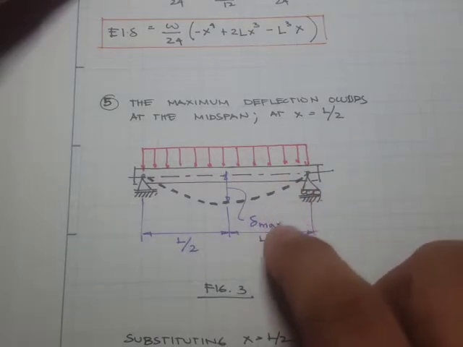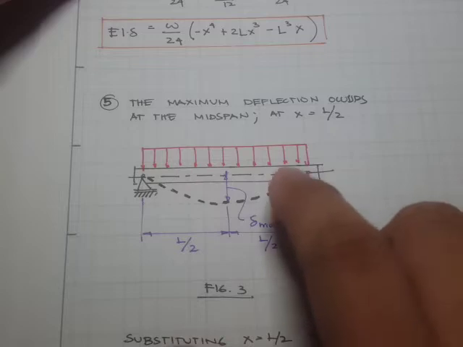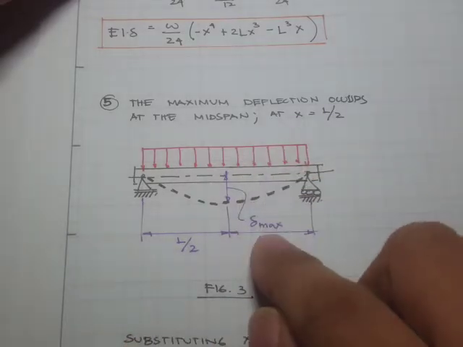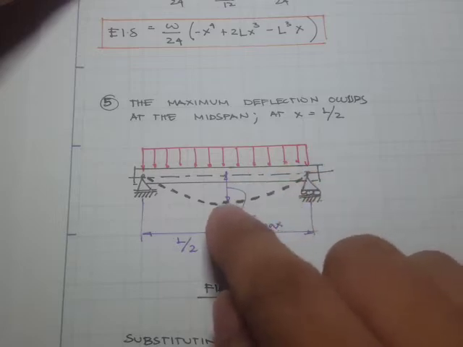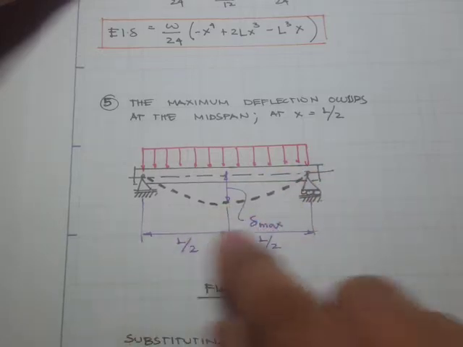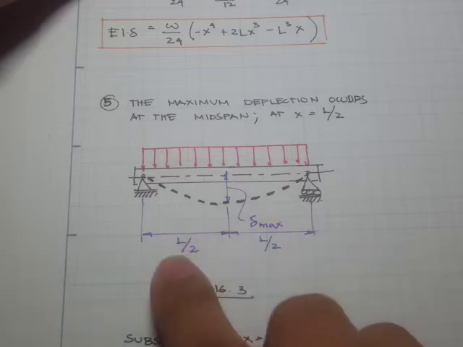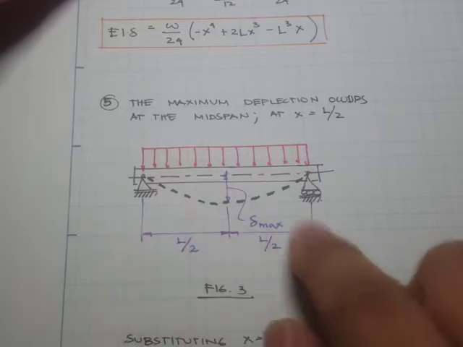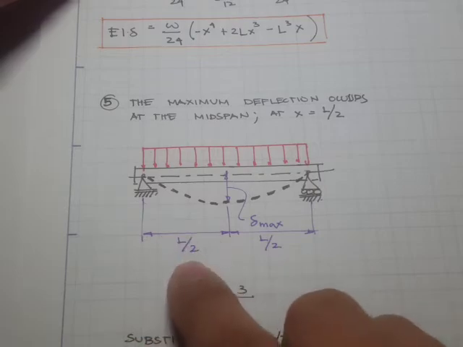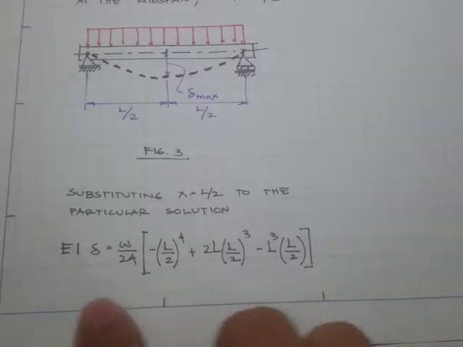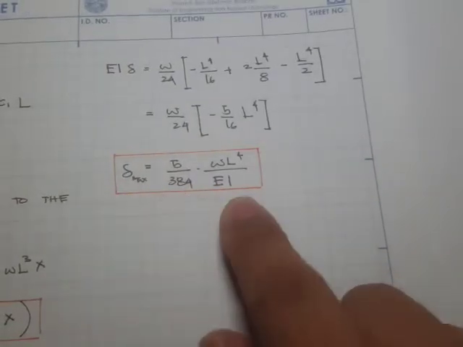So right here we have to draw this figure. Intuitively we know that the maximum deflection occurs at the midspan, so the distance would simply be L over 2. If we substitute this L over 2 for x, we can obtain the maximum deflection, and it's right here.